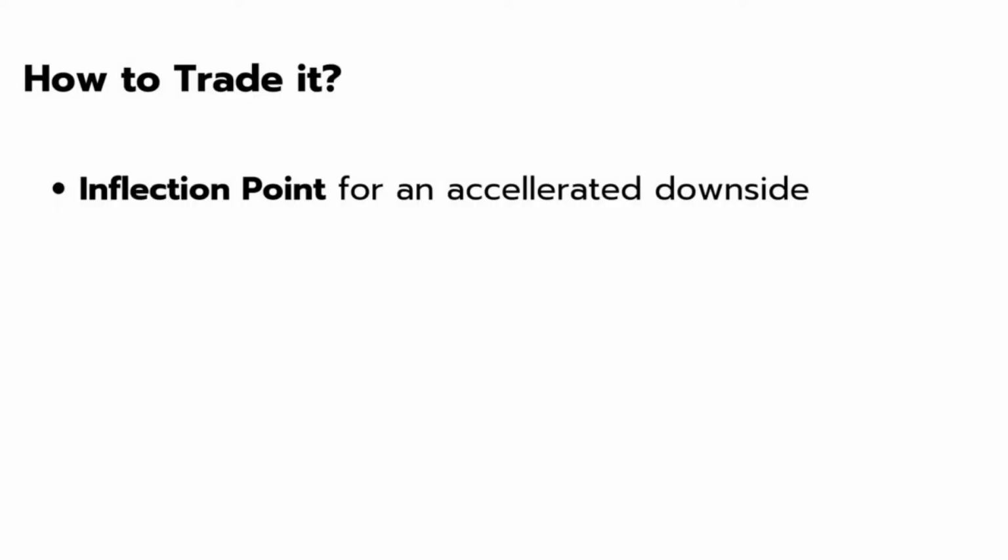All right. The other way of trading the put support, similar to what we've seen with the call resistance, is by using it as an inflection point for an accelerated downside. This typically happens when we see a strong bearish sentiment in the market, and investors are not closing those positions, but rolling them to the downside.